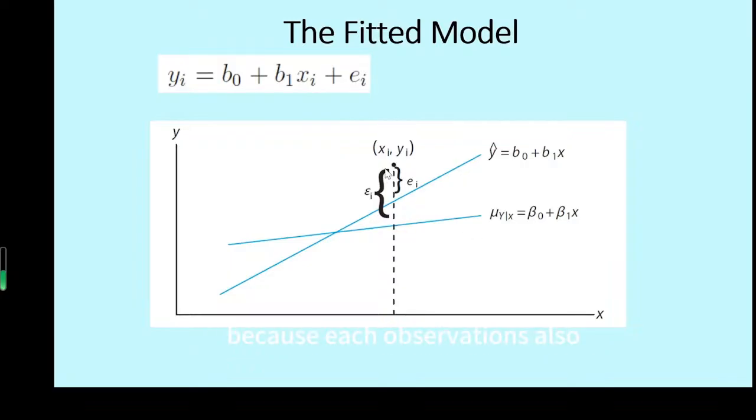Because each observation is also randomly observed, randomly modeled, based on this real line we also add an epsilon, or random term, in regression modeling.